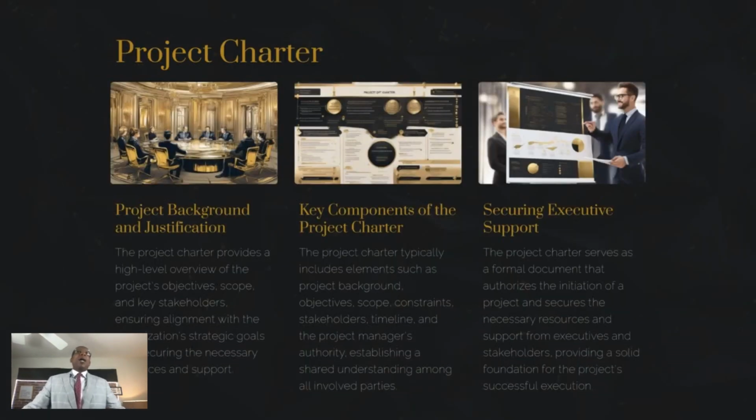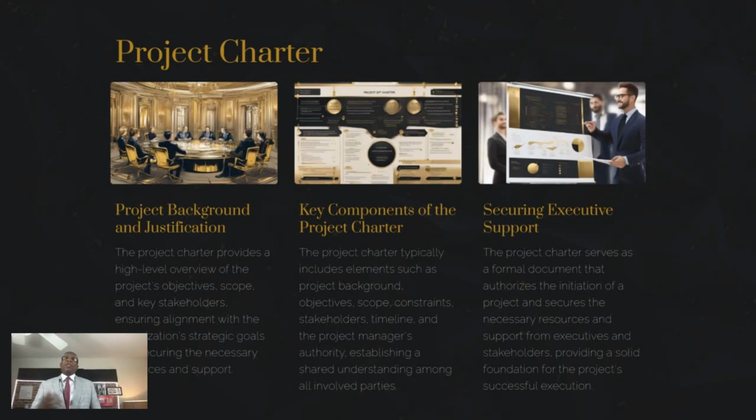Let's move on to the next item, project charter. We know a project charter is what authorizes the project manager. It provides a high-level overview of the project objective, scope, key stakeholders, cost, and high-level schedule. What else is on that piece there?